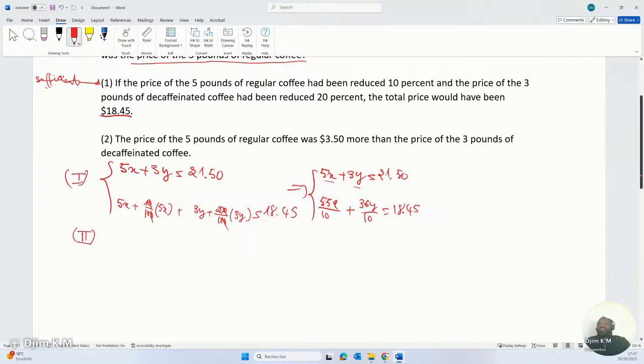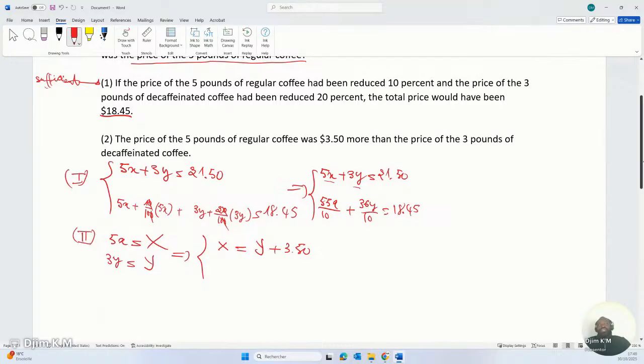Let's say, for example, 5 pounds is equal to x, and then 3 pounds is equal to y. And what it says here is that x was equal to y plus 3.5.